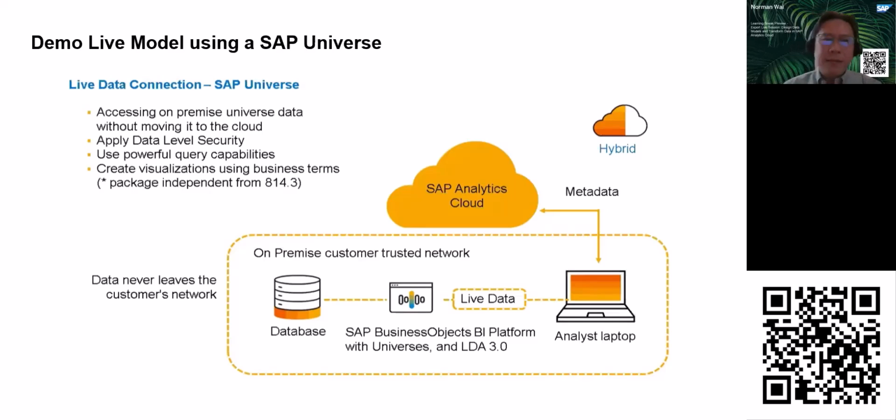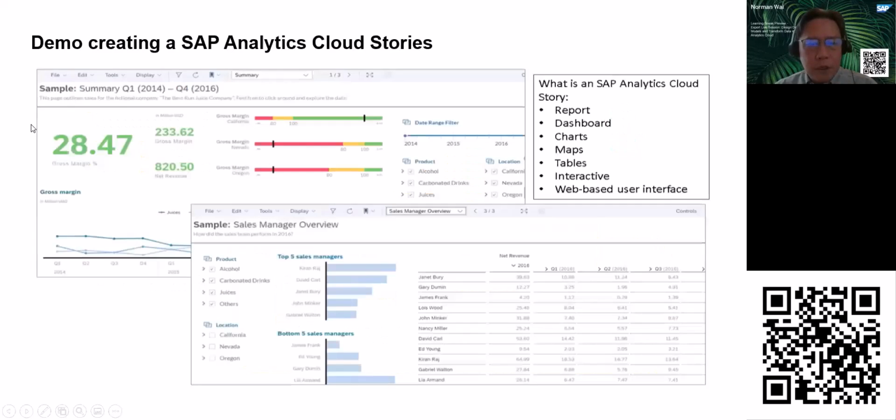Okay, so this is my second demo that I will be doing, and then I'm going to switch over to my final demo, which is that now that I have a model based on live data connection, I'll create a simple story. Now, the benefit with SAC is that it's not difficult.